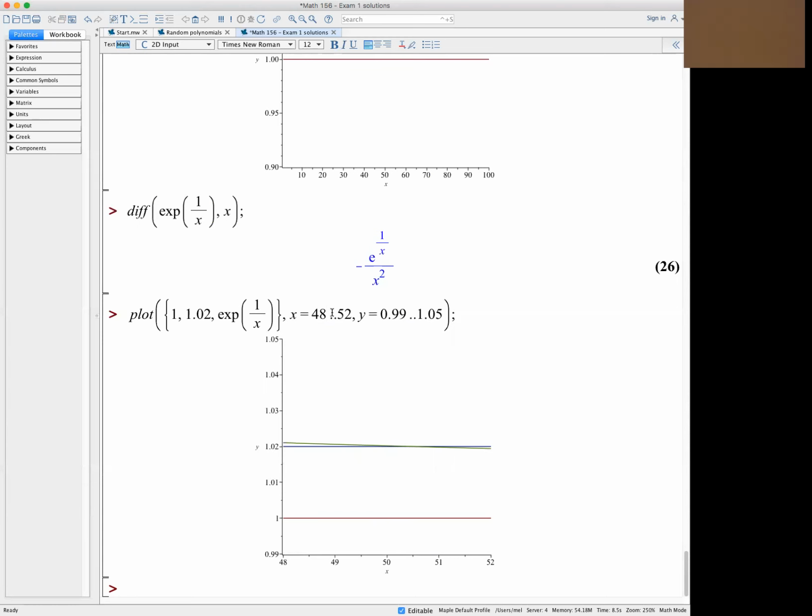So maybe I'll graph this from, let's say, 49.5 to 50.5. Oh, hard to see what's going on.